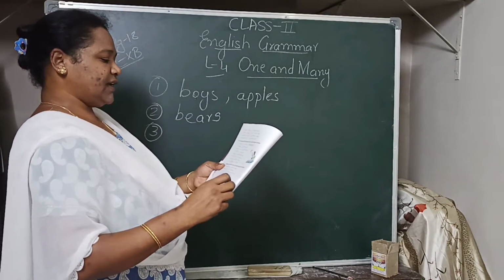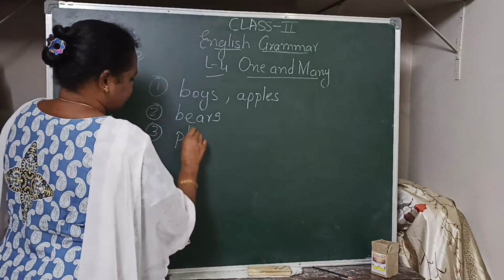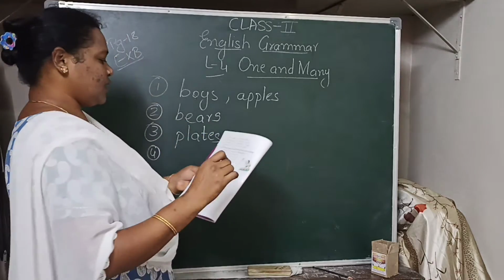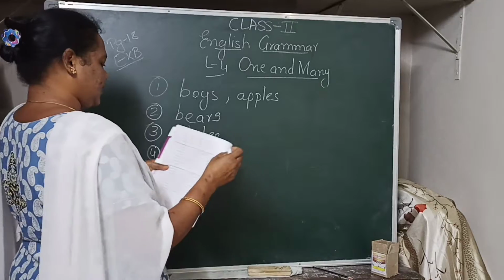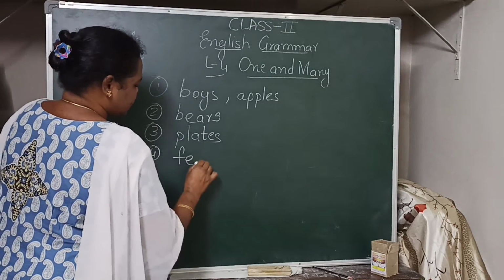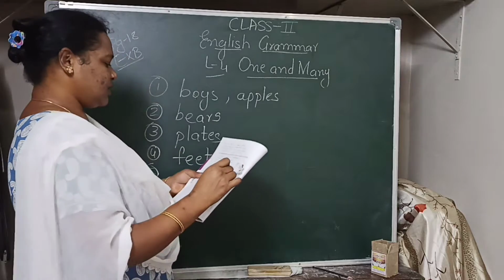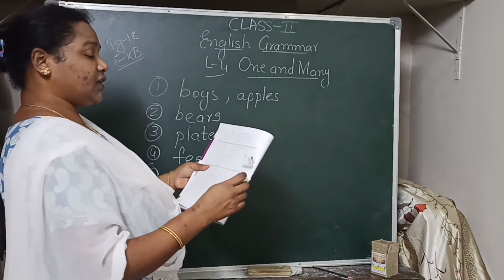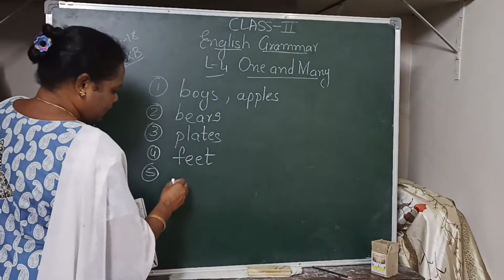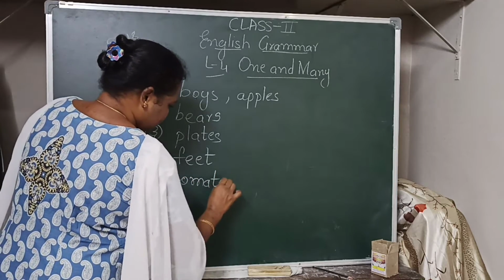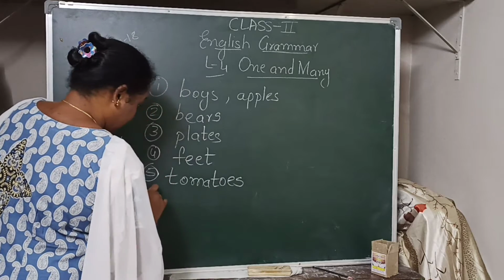Please pass me the dash. Plate, plates. My dash are dirty. Foot, feet. The plural of foot is feet. These are red tomato. So what is the plural of tomato? Tomatoes. Yes.